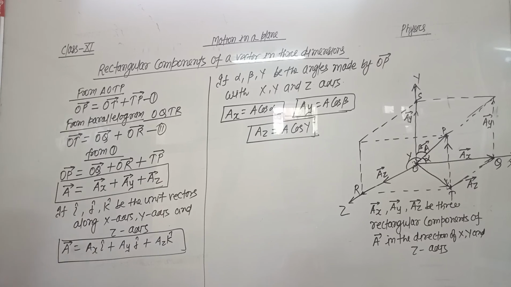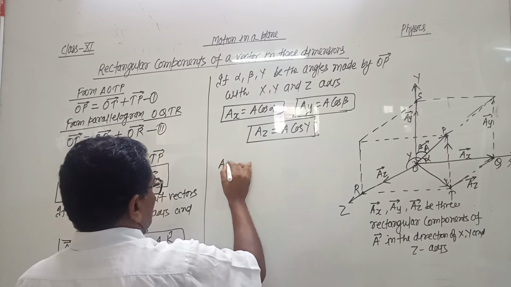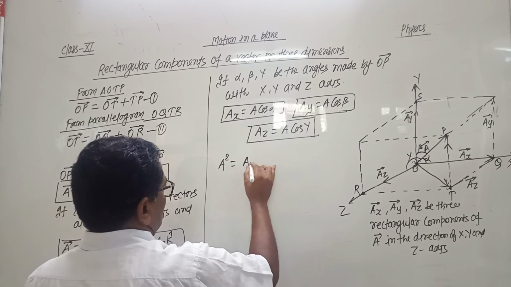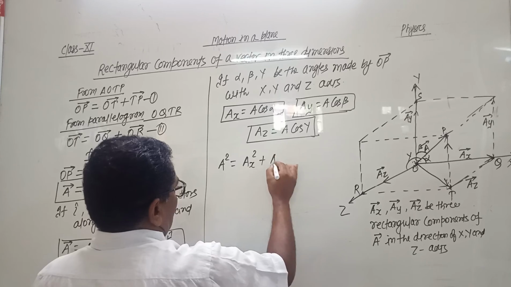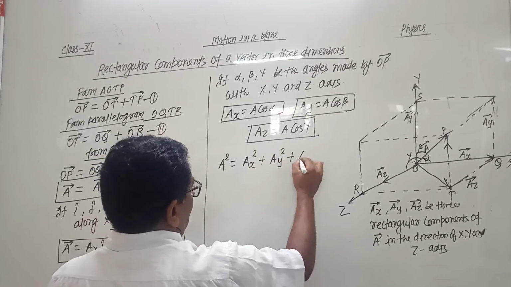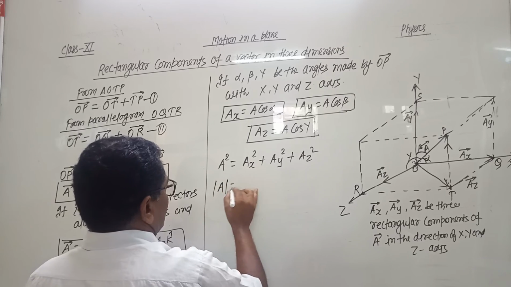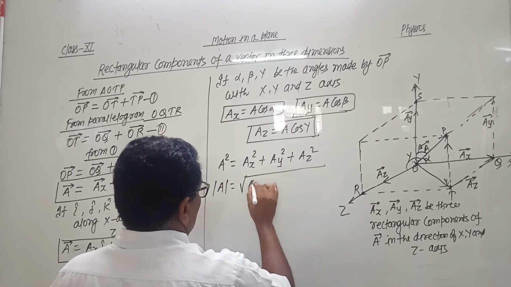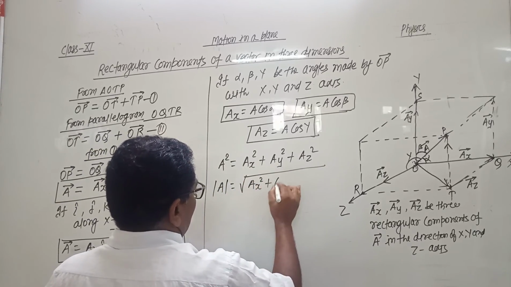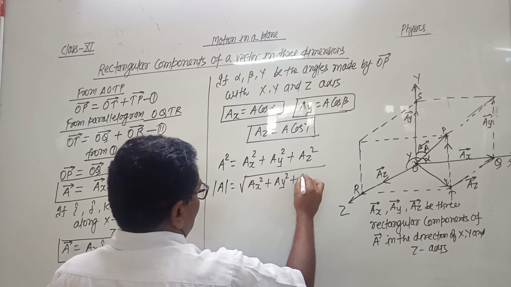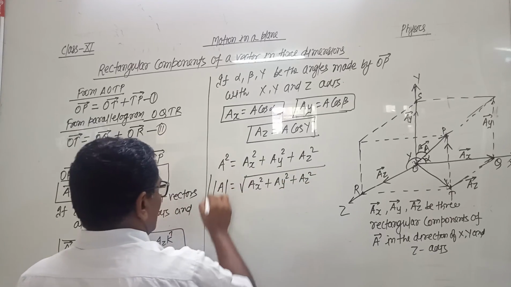And for finding the magnitude of the resultant, we use A square equals AX square plus AY square plus AZ square, meaning the magnitude of A is written as the square root of AX square plus AY square plus AZ square.